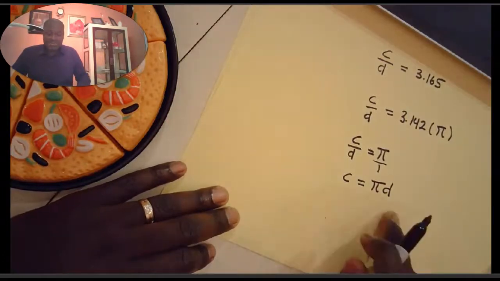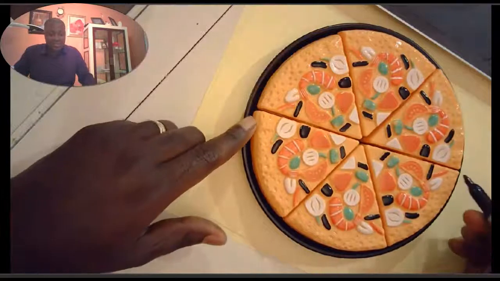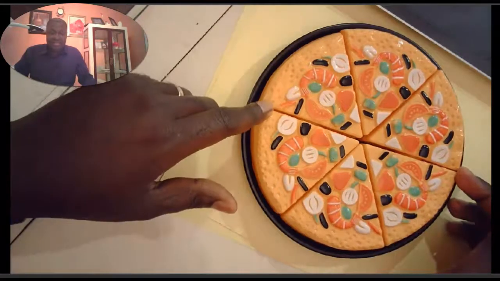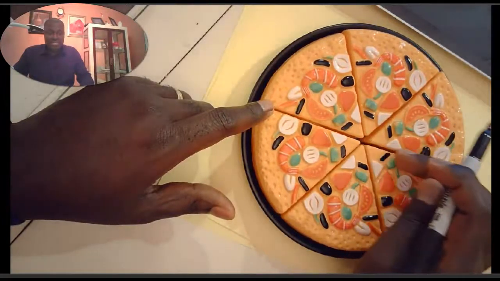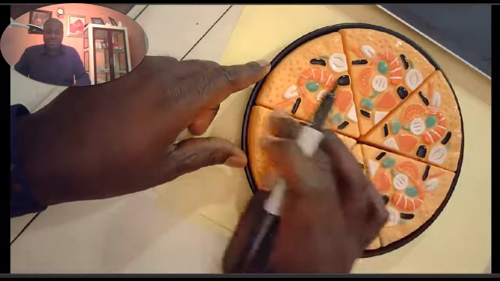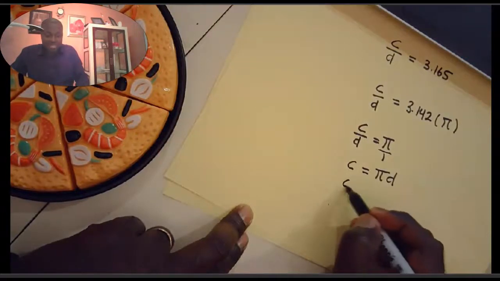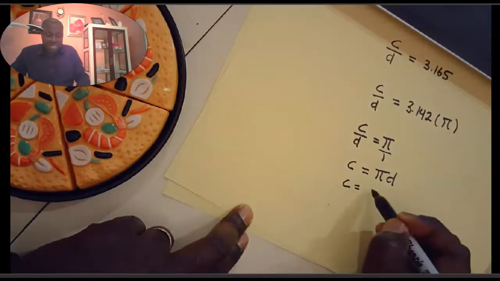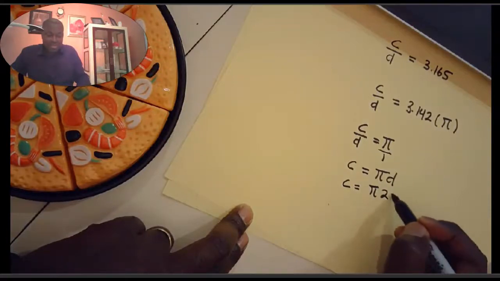So that's the circumference. Here, we can also see that from the center to the edge of the circle, we have a shorter distance, and that short distance is called the radius. So two radii give us a diameter. So we can replace the diameter with 2 times the radius, and we can say that indeed C equals pi times 2r.